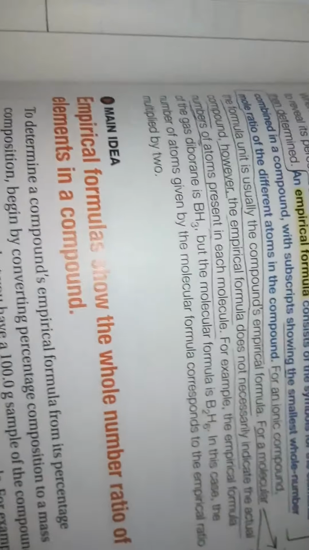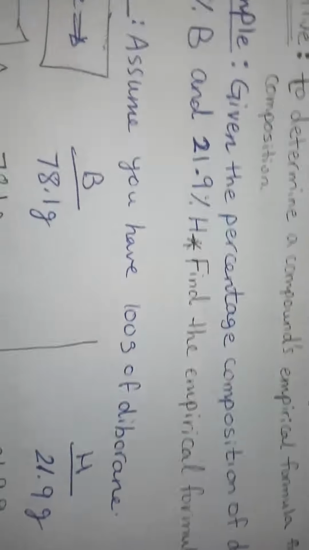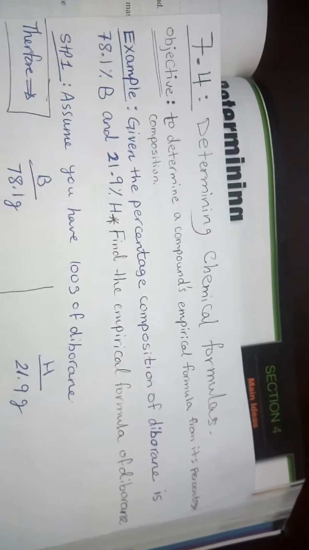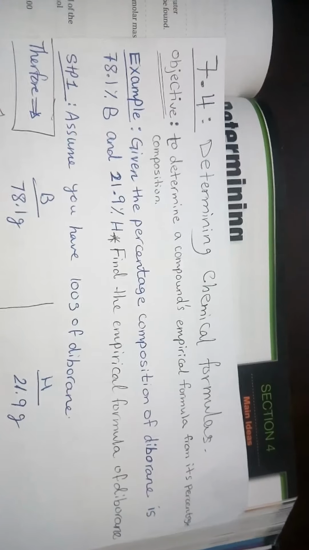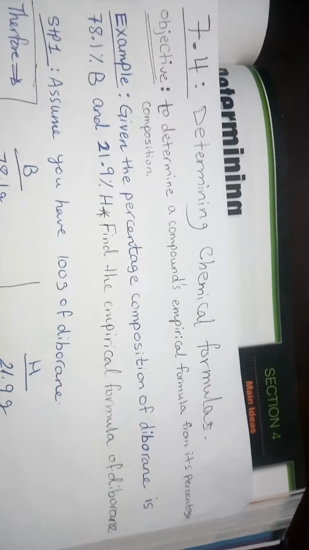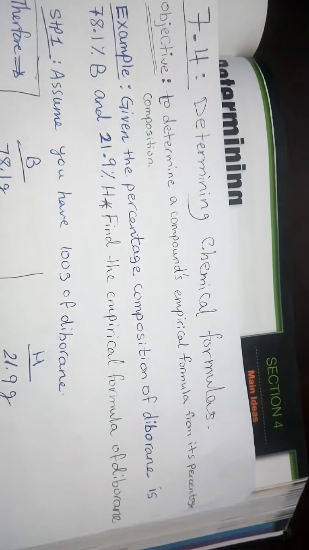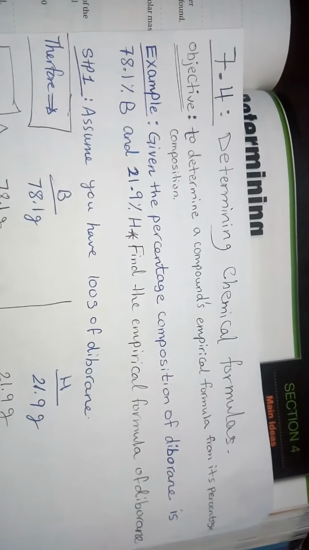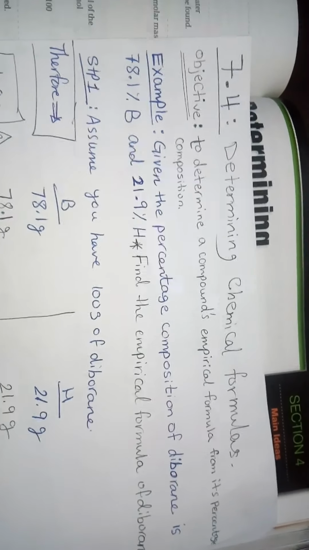Okay, without further delay, let's look at some notes I made. Our objective is to determine a compound's empirical formula from its percentage composition. From 7.3 we know what percentage composition means.